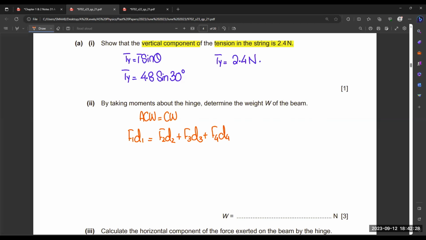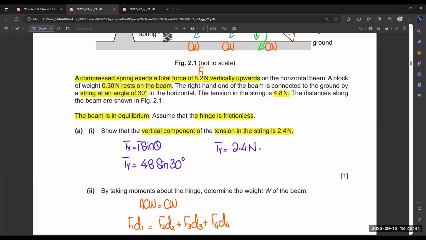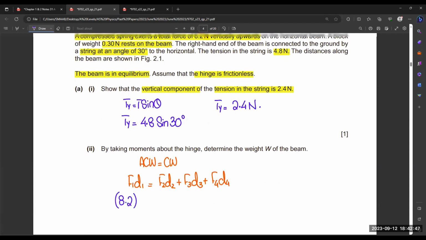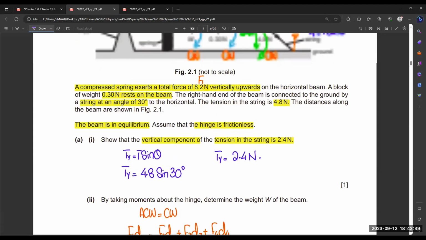So three in the clockwise direction and one in the anti-clockwise. Force is 8.2. And what is the value of the moment arm for force one?